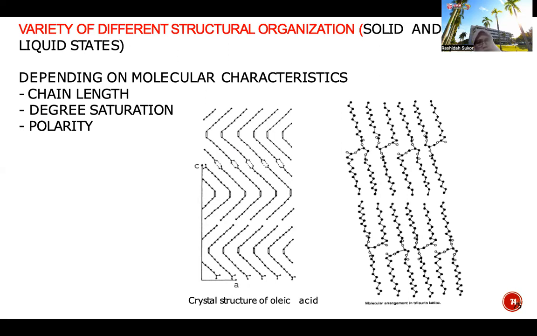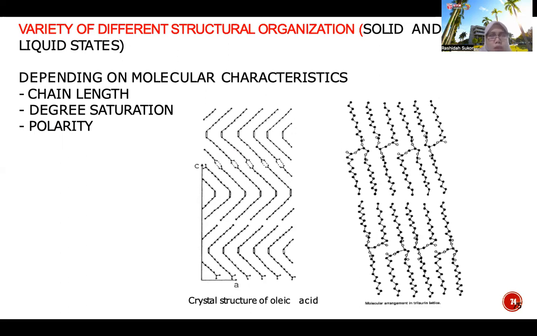Okay, this is actually quite important when we study lipid, fats and oil. Yesterday I mentioned that when we see with our naked eye, we see that it is oil and also liquid, oil and also solid, right?